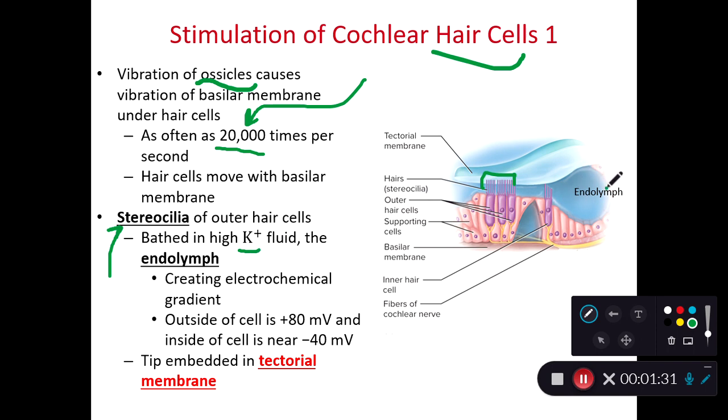We can see endolymph right here, directly around those hair cells. The endolymph creates an electrochemical gradient with the potassium ions, so that the outside of the cell is positive 80 millivolts and the inside of the cell is negative 40 millivolts.